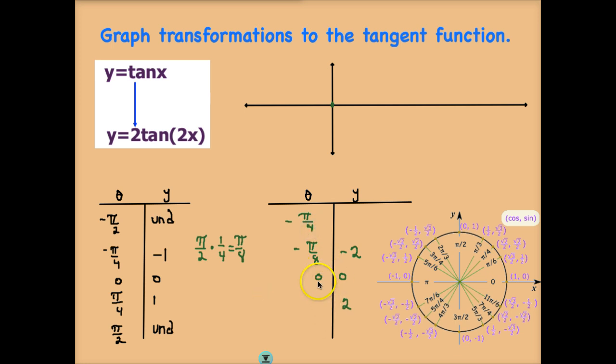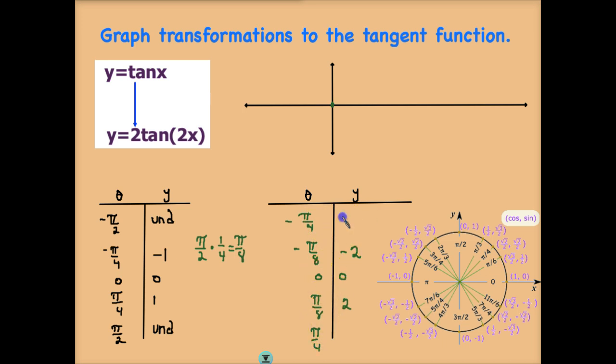Going the other direction from 0, we would then have pi over 8, and then pi over 4. So what I've done is started here at this center point, because I know at 0, 0 I'm going to have the same point, and then I've subtracted a quarter each time, and then added a quarter each time.